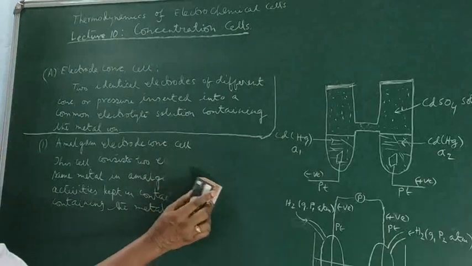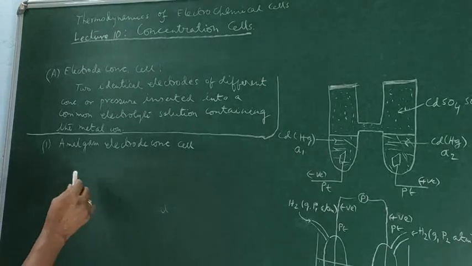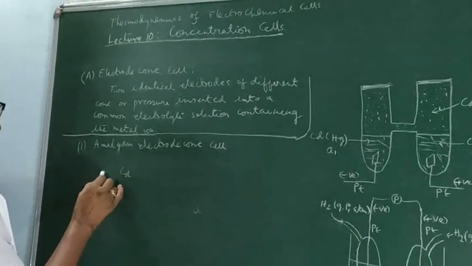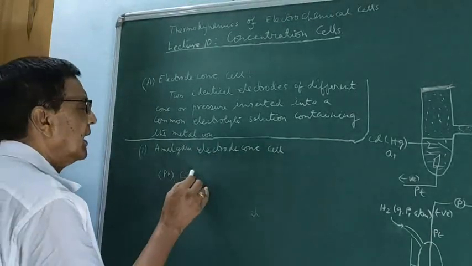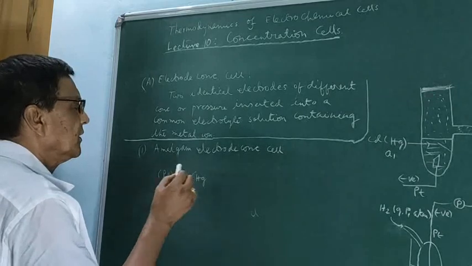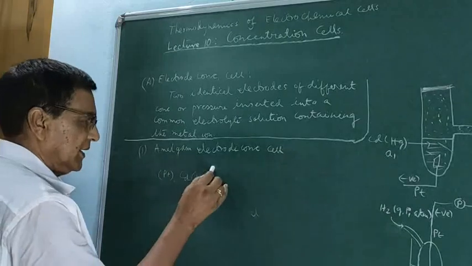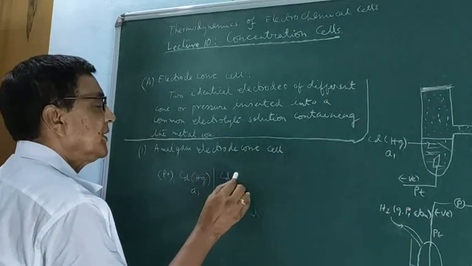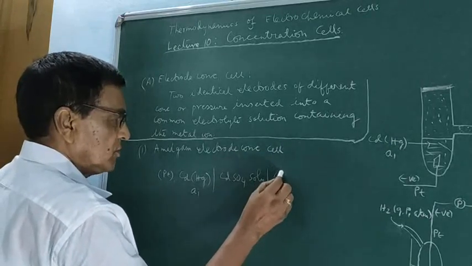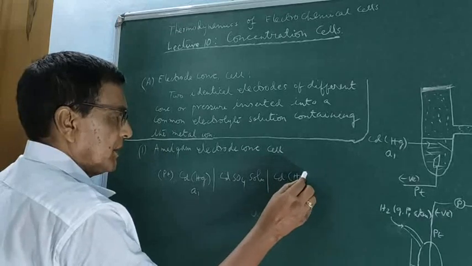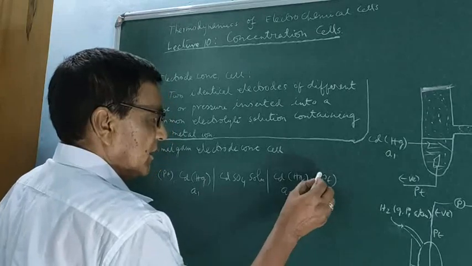One example of this amalgam electrode I can put here. Platinum as the contact metal, and here cadmium in amalgam, activity A1, and the common electrolyte cadmium sulfate solution, and here also cadmium amalgam, activity A2, and here the platinum electrode.